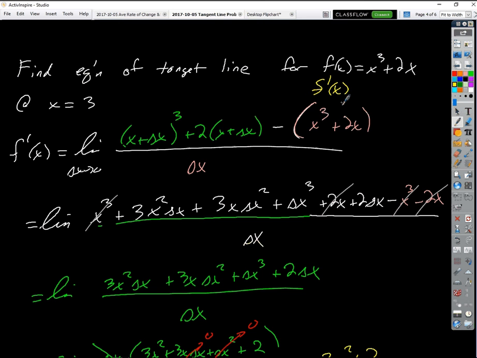Now I can add to that the derivative function, f prime of x equals 3x squared plus 2, right? Okay, so before we go any further, let's just graph both of those on the same graph and observe the behavior when we do that.